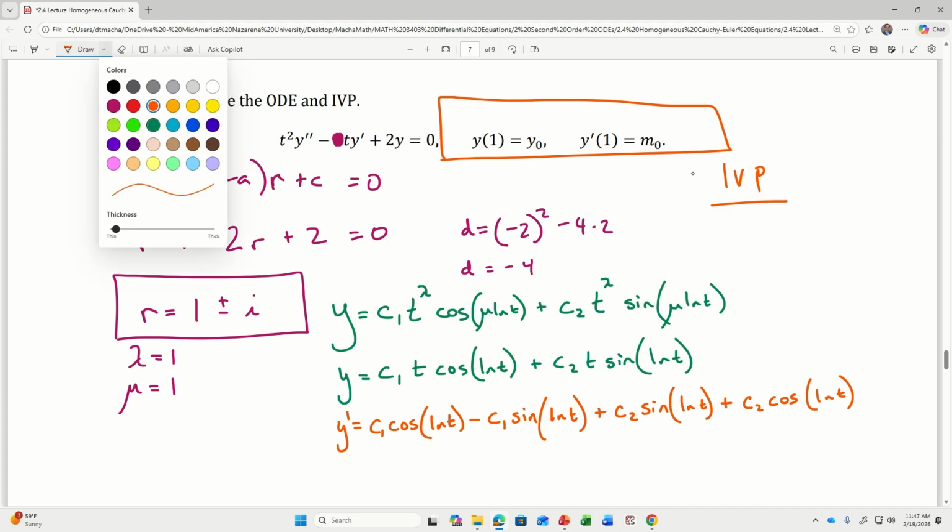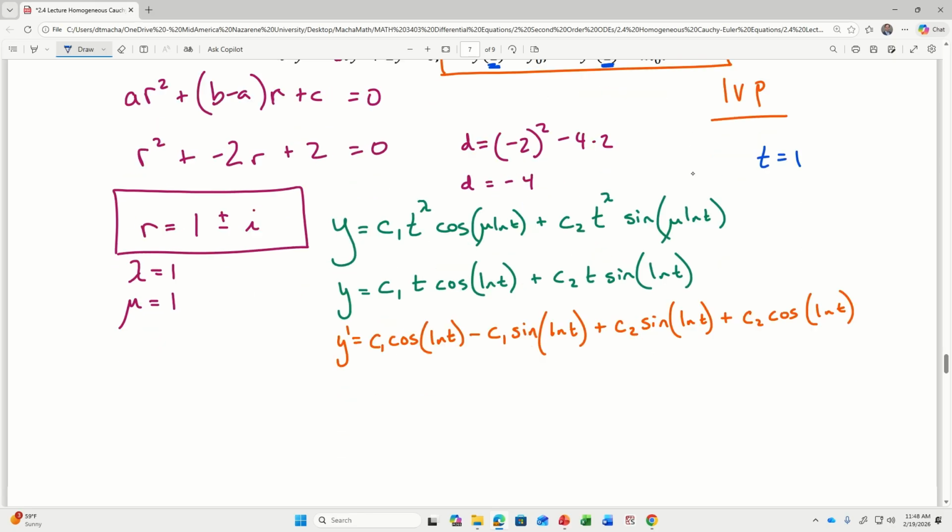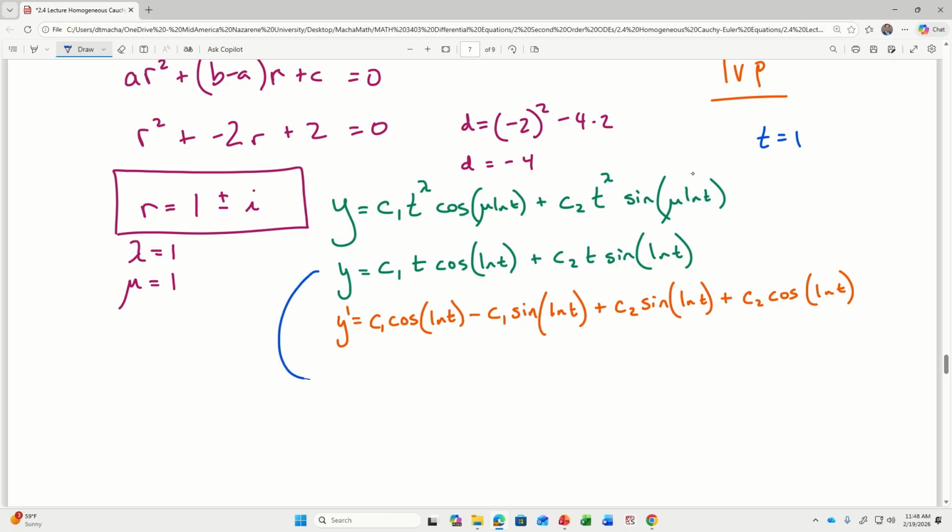And for the initial value problem, we are going to say t is equal to 1 because of these ones. And then if t is equal to 1, y0 is going to be c1 times 1 times cosine of, what's natural log of 1? 0.